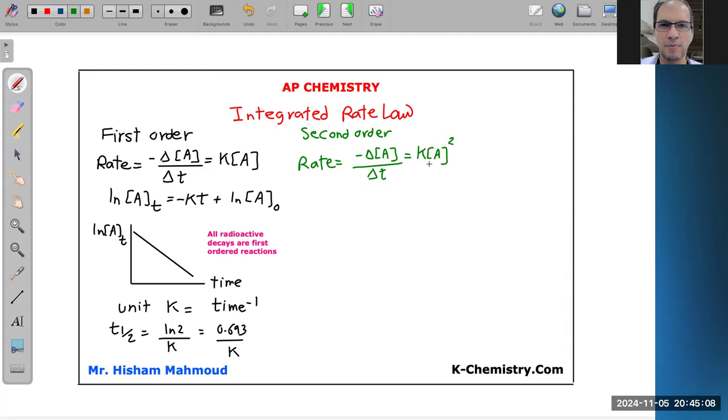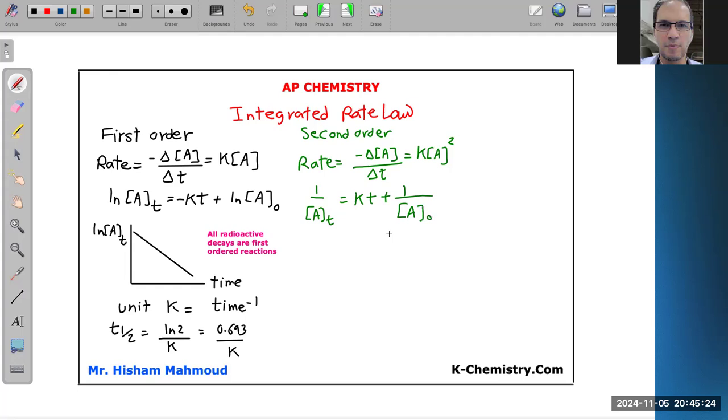So I'll just say that 1 over the concentration of A at time t is equal to k multiplied by t plus 1 over the initial concentration.